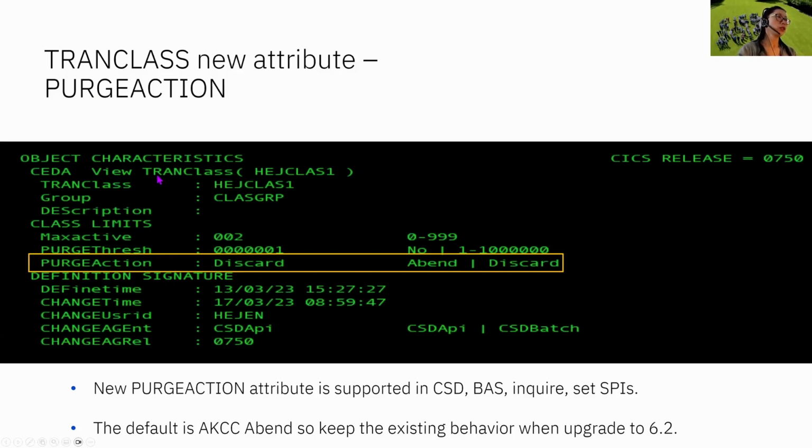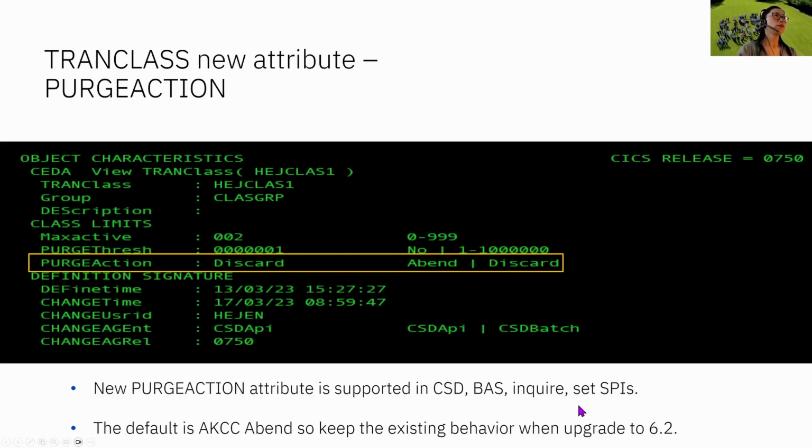This screen shows a tran class configuration in the CEDA panel. The default will be abend, which is the AKCC abend, so that when you upgrade your CICS region to release 6.2, you don't see any difference.